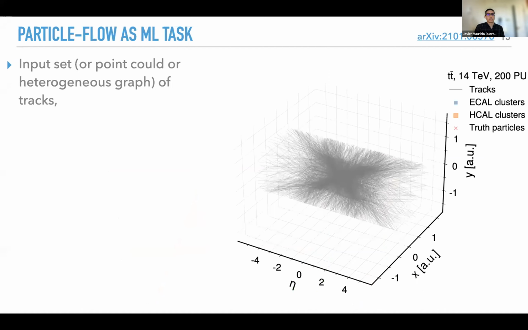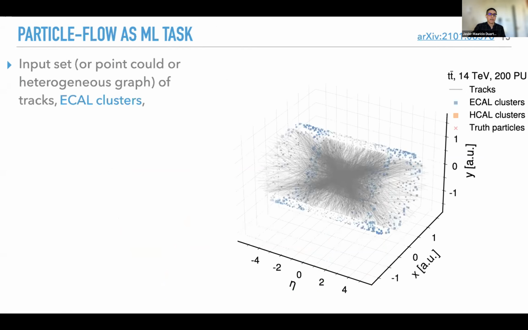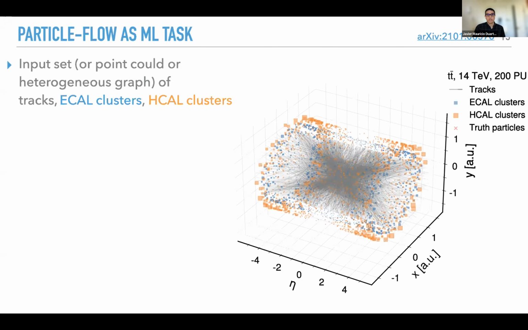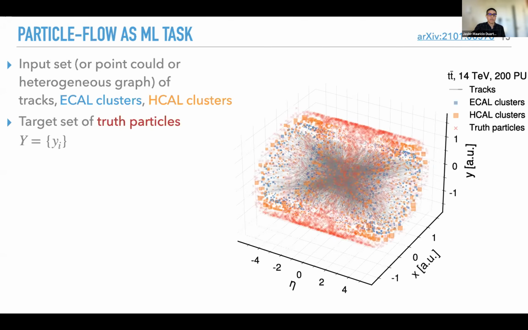And so as a machine learning task, you have this input set, which is like this point cloud or this heterogeneous graph of tracks represented here by these gray lines, ECAL clusters, so clusters in an electromagnetic calorimeter, represented here by these blue blobs, and then HCAL clusters represented here by these orange blobs.